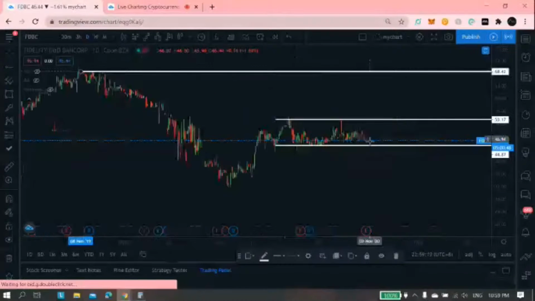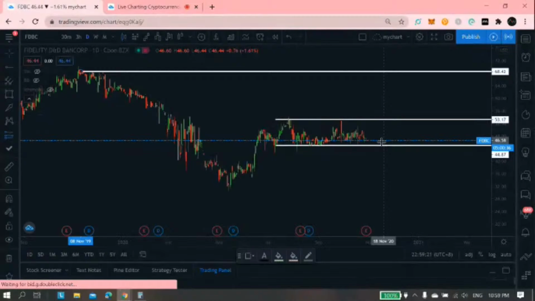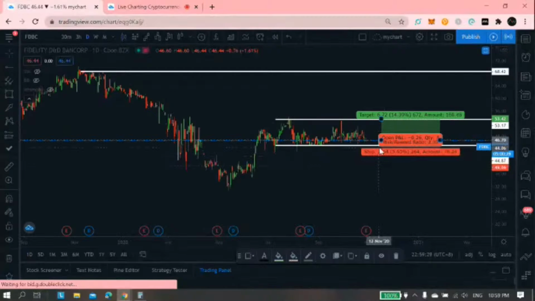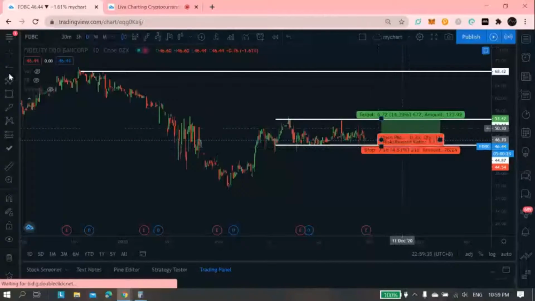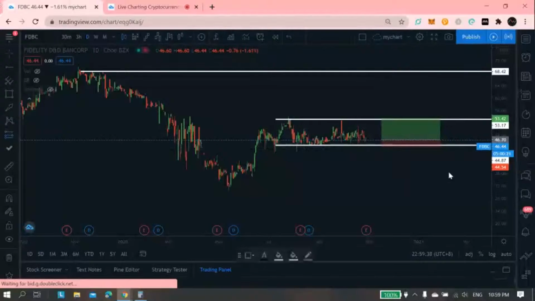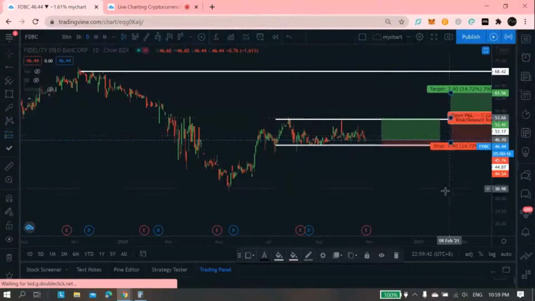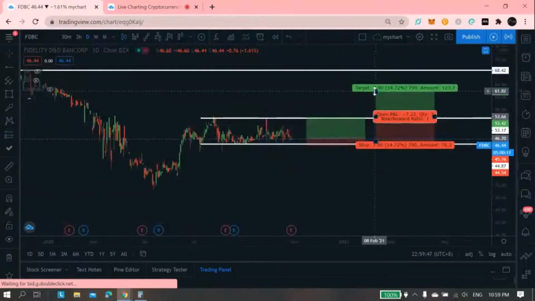So I'd rather trade it after the breakout. Because if I go long at this area, wait, let me check the possible risk reward. That's 3.11, and if I enter after breakout at this area, breakout, and then when it pulls back, that's my entry point.